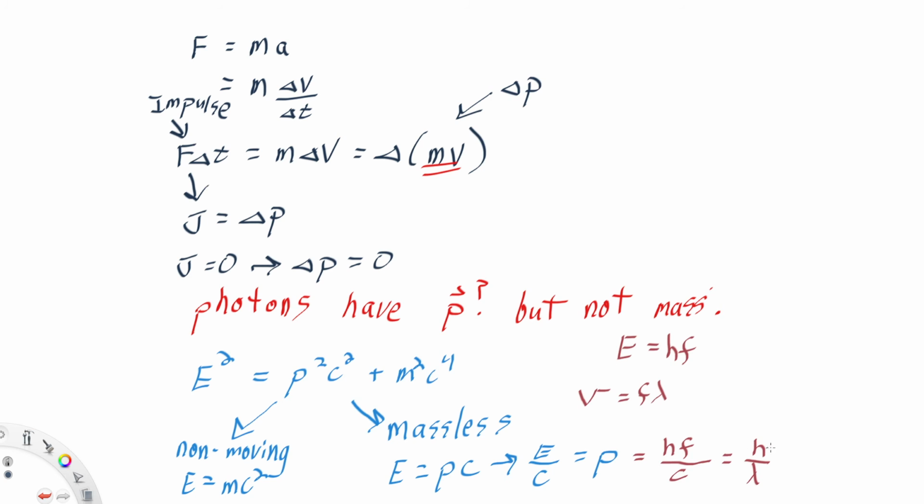Now, this comes a little bit later than our 1915 cutoff, but what if you solve for lambda with this relationship, where you can say lambda equals Planck's constant divided by the momentum? And actually, this is what we call the de Broglie wavelength.